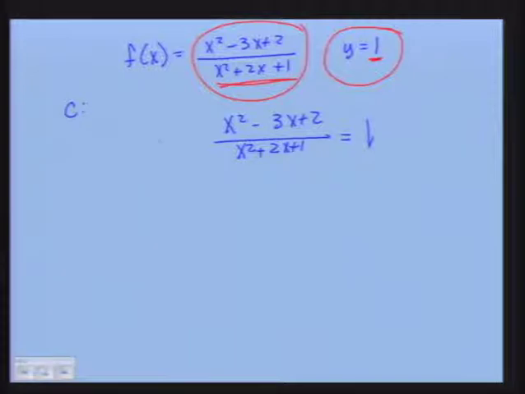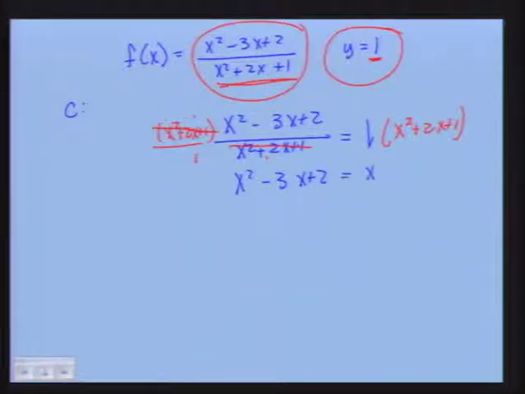To clear our fraction, we'll multiply by x squared plus 2x plus 1 on both sides of the equals. And of course, the x squared plus 2x plus 1 in the numerator and denominator reduce to 1. So I have x squared minus 3x plus 2 over here, and 1 times the polynomial is that same polynomial on the right side.